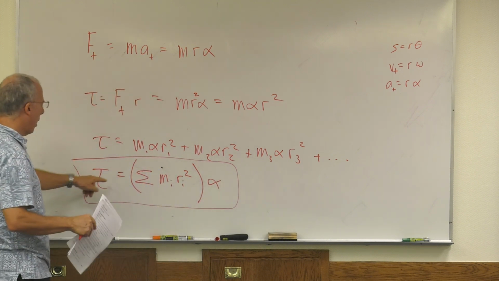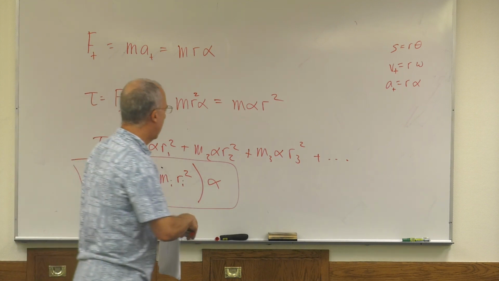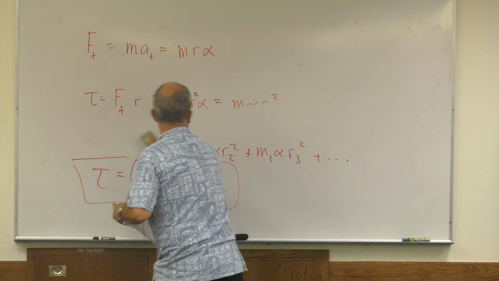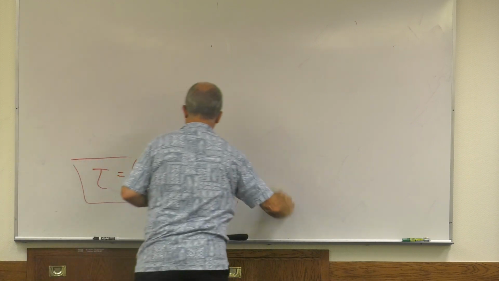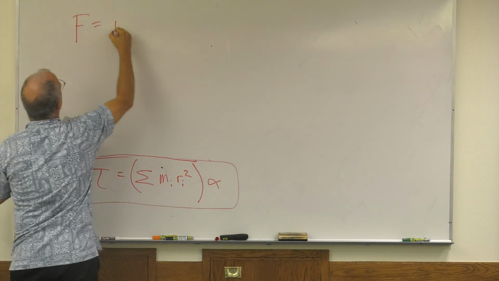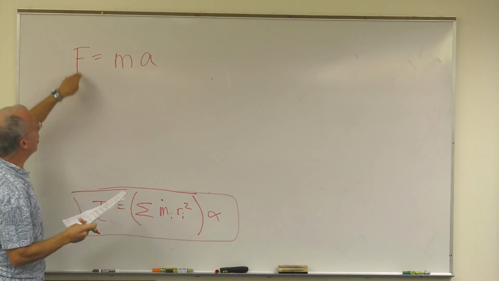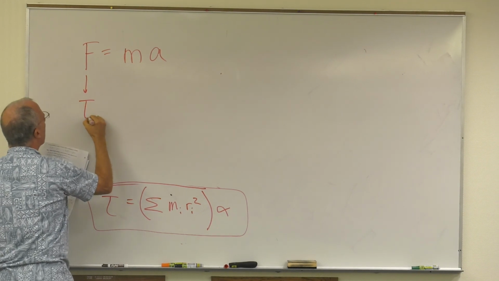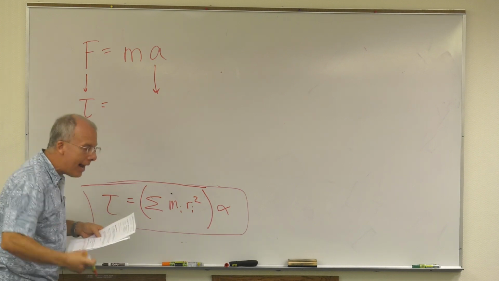So the torque equals this mass-like sum times alpha. Now, Newton's second law of motion, what is it? F equals ma. Now, what is the rotational equivalent of force? It's torque. What is the rotational equivalent of a?